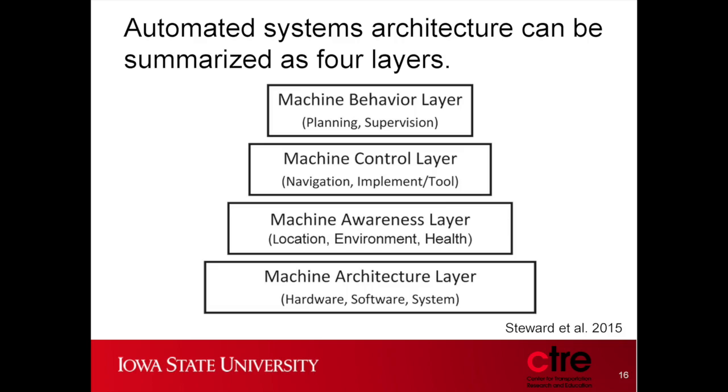So that's more like an automation architecture for all devices in general. It's a very general architecture. And visualization comes in as the machine awareness layer normally. Acquiring the data, looking at the data, that's all machine control maybe, or machine behavior, but the machine awareness layer relies on visualization.